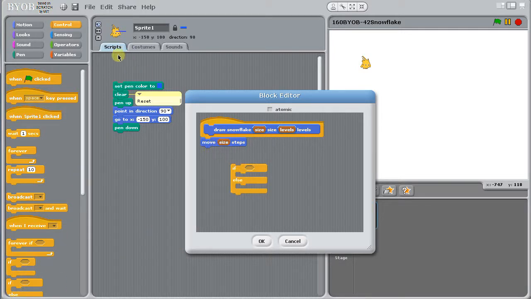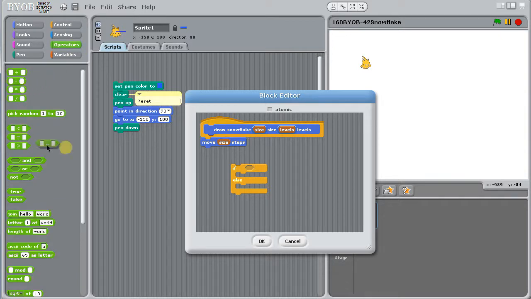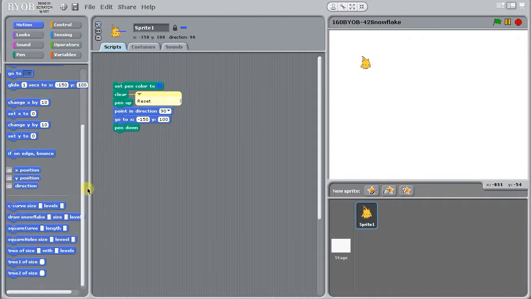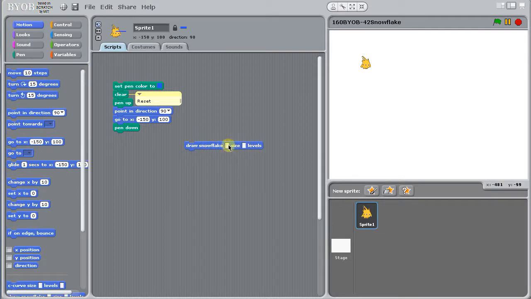So, am I on the final step? If I'm on the last level, if my levels is down to one level, then I just get to move. Nice and straightforward. Otherwise, I have to do a more complex thing. So let's go try this one out. Go over to motion, grab my draw snowflake block, and we will say draw a size 200 with one level. Okay, that seems to work.